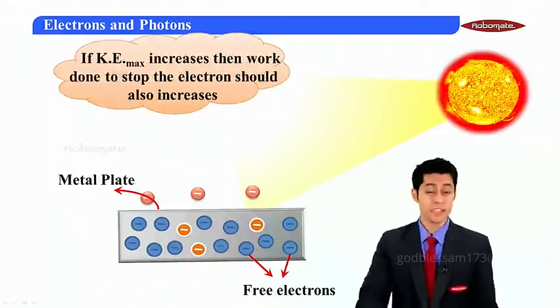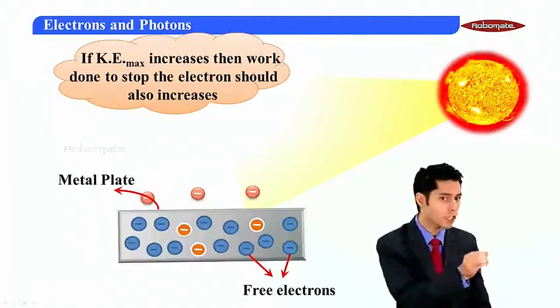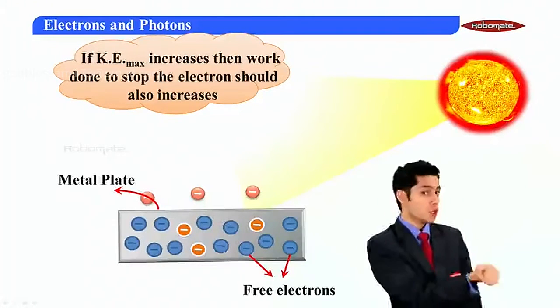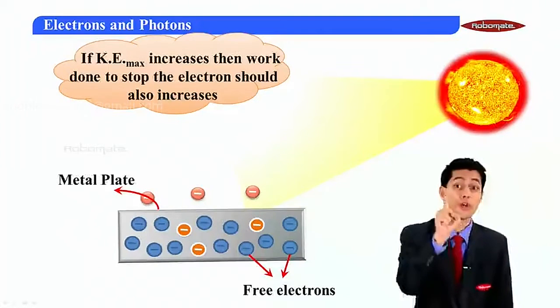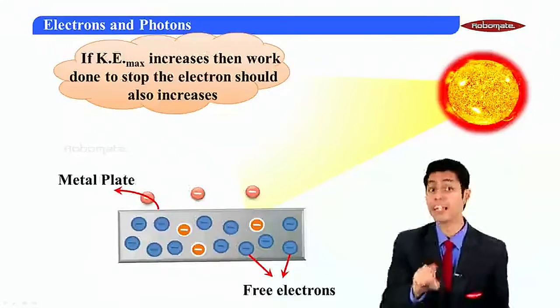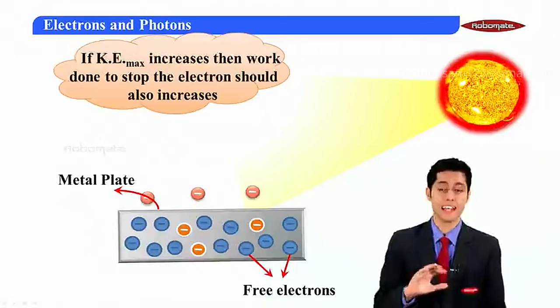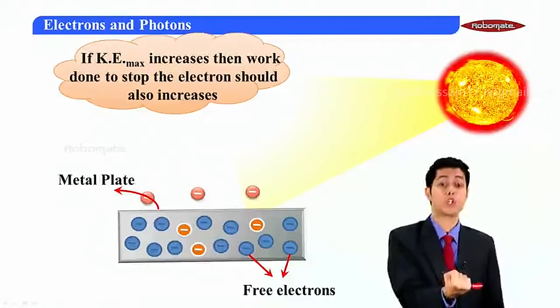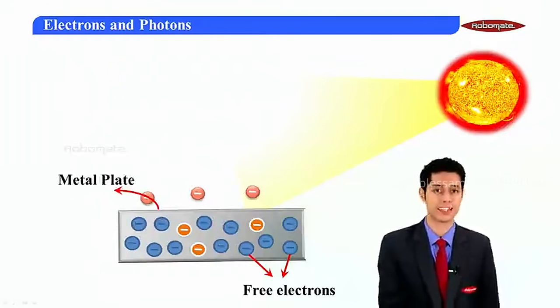Now I know if the kinetic energy of the electron increases, the work done to stop the electron should also increase. So it is not only that the kinetic energy is increasing, the work done to stop the electron should also increase.